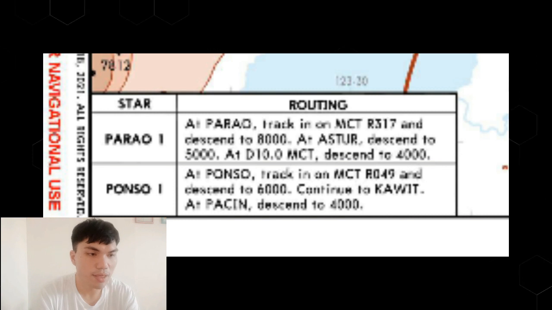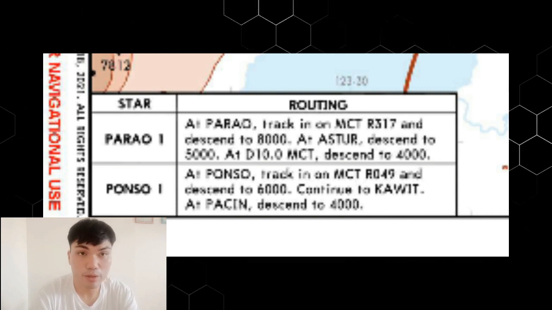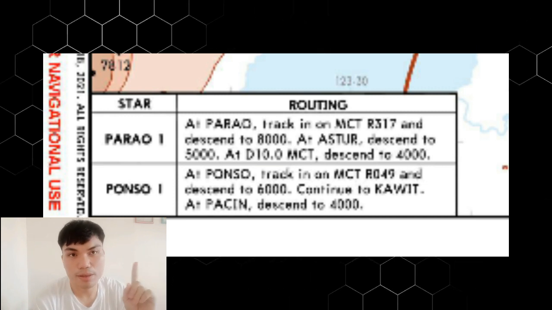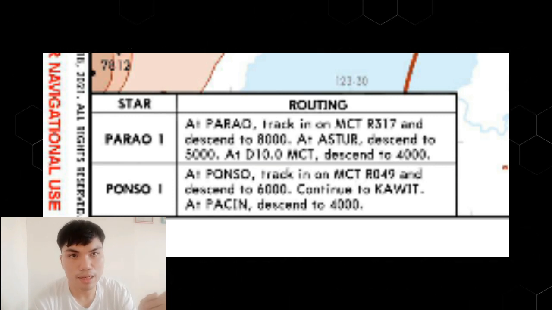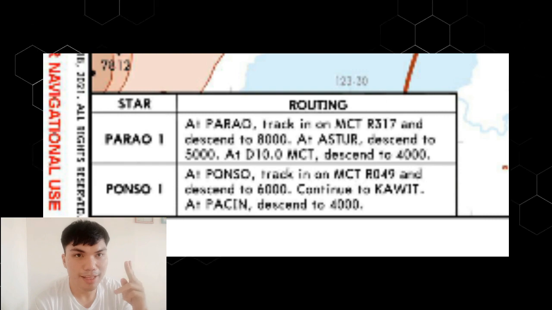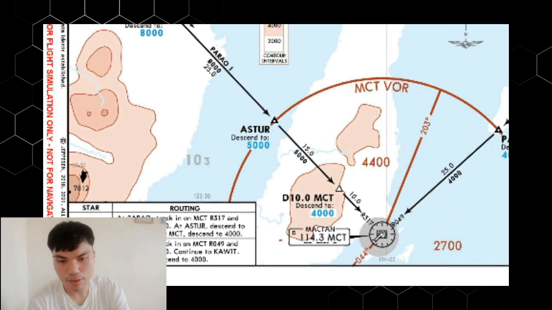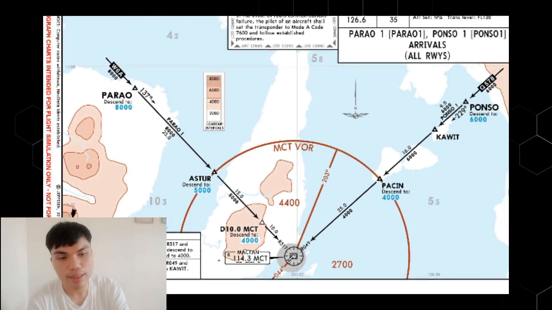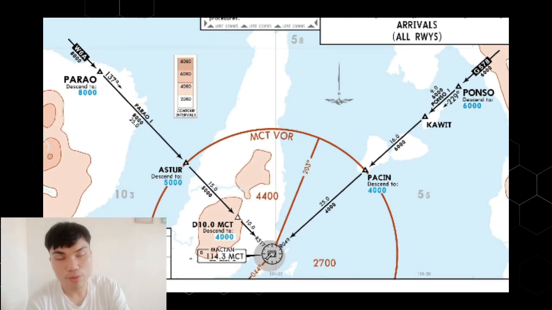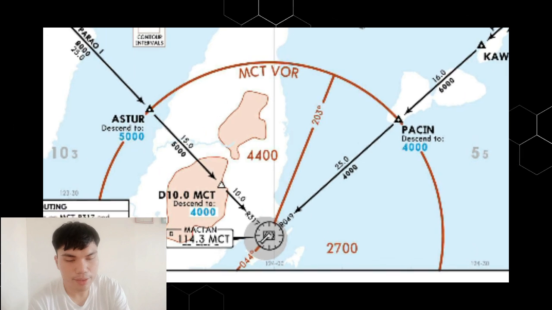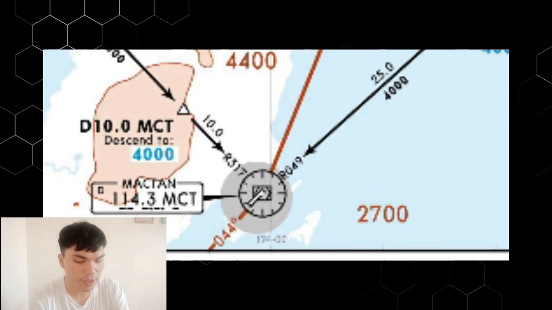So in this case, we're gonna use Ponso 1, the continuation from RPVA Tacloban to Ponso, and then Ponso to Mactan. So the inbound radial is 049. 049 is the inbound radial.